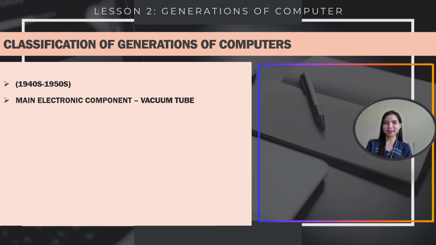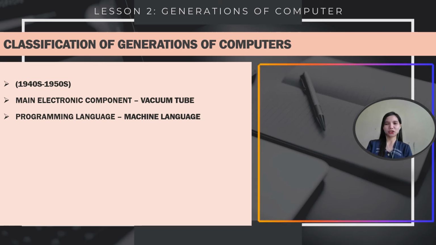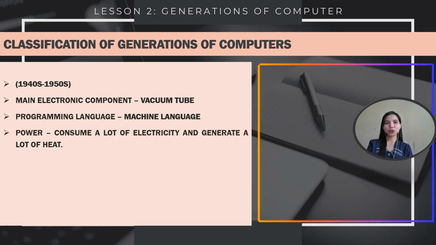The main electronic component is the vacuum tube. The programming language they used is machine language. It consumes a lot of electricity and generates a lot of heat.